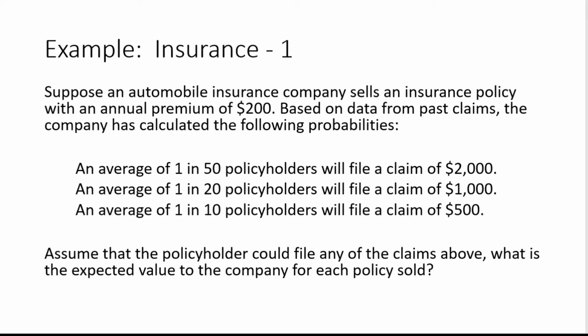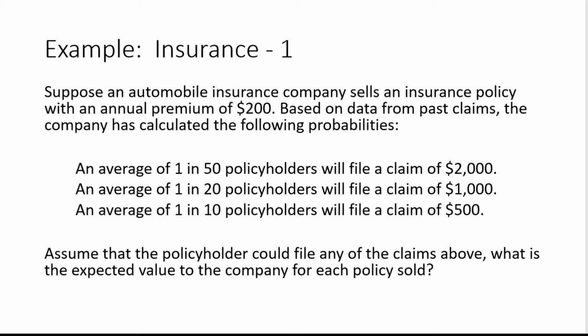Example, insurance. Suppose an automobile insurance company sells an insurance policy with an annual premium of $200. Based on data from past claims, the company has calculated the following probabilities. An average of 1 in 50 policyholders will file a claim of $2,000.